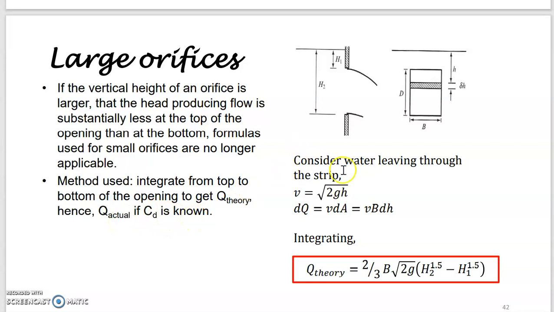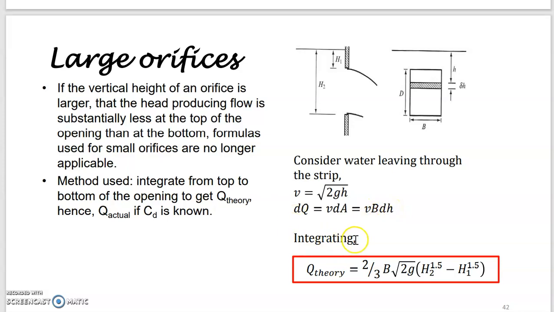Okay, so by considering water flowing through a strip, we have this strip. By using the velocity equal to the square root of 2gh, we can integrate the flow rate as the velocity times the differential of area, equal to the velocity times b times the differential in height.